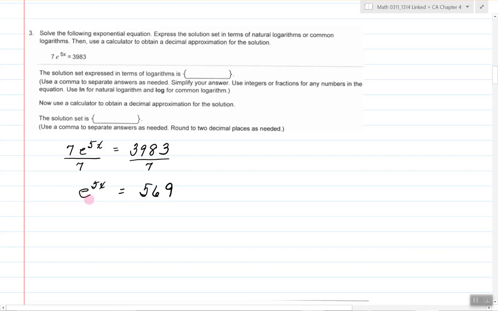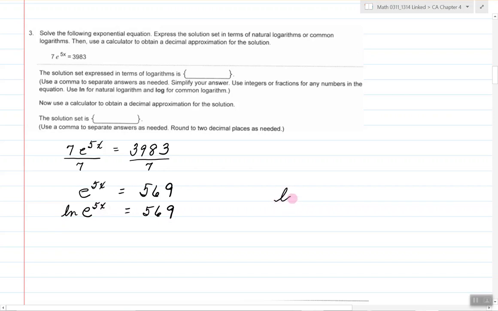Now, because it's base e, I definitely want to use a natural log. Natural log of e to the 5x is equal to 569. Now, if you wanted to, you could use that power rule.